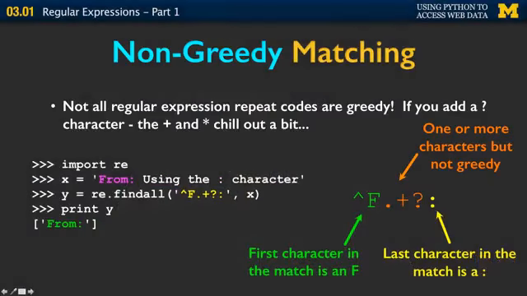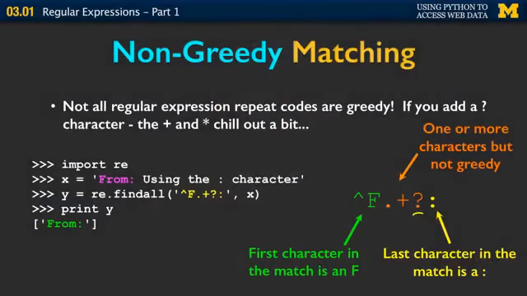So non-greedy matching. Sometimes if you really want to only stop at that first colon, then you add this little question mark. And the question mark says, don't do the greedy matching. And that says, satisfy the regular expression with the shortest string rather than the longest string. So other than this greedy matching, it starts with an F and ends in a colon.